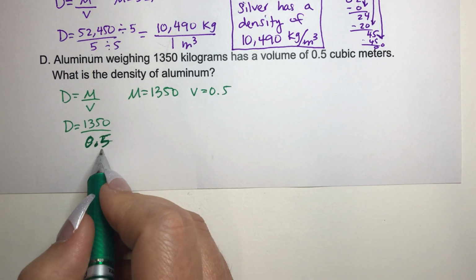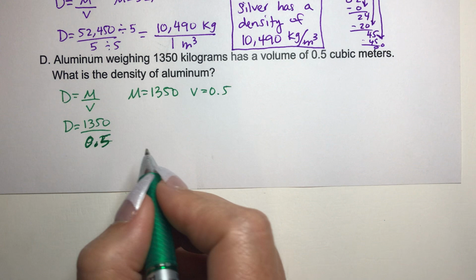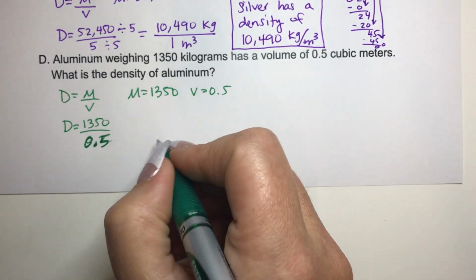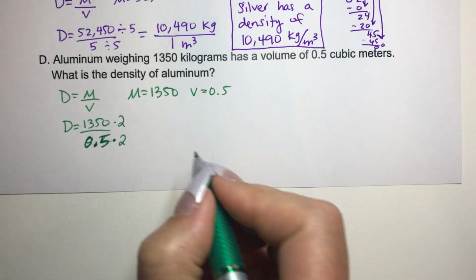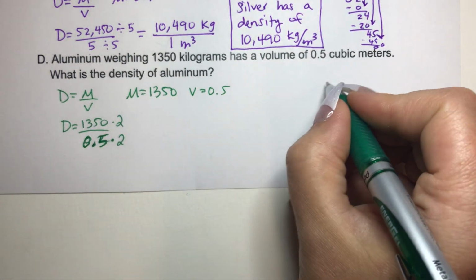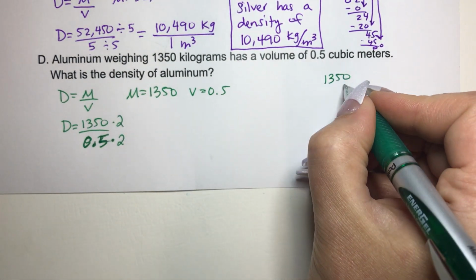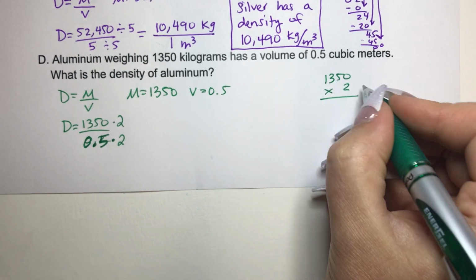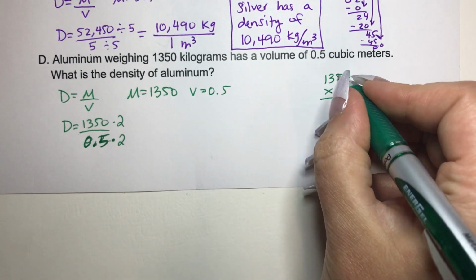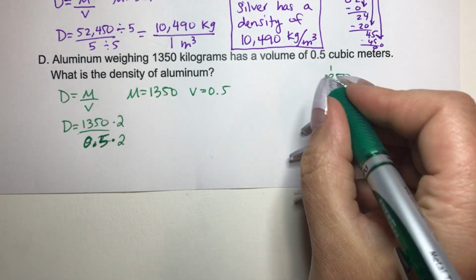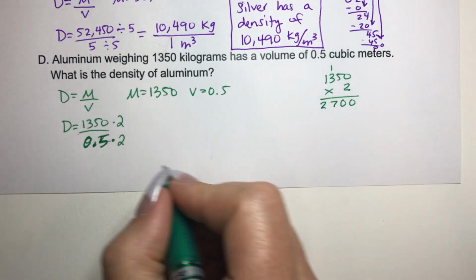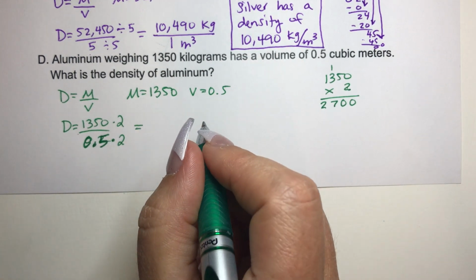Okay, we need this to be 1, right? So it's a half, or 0.5, same thing. We need to multiply it by 2, and then we'll have 1. So we just need to figure out what 1,350 multiplied by 2 is. 2 times 0 is 0, 2 times 5 is 10, write the 0, carry the 1. 2 times 3 is 6 plus 1 is 7. 2 times 1 is 2. Okay.